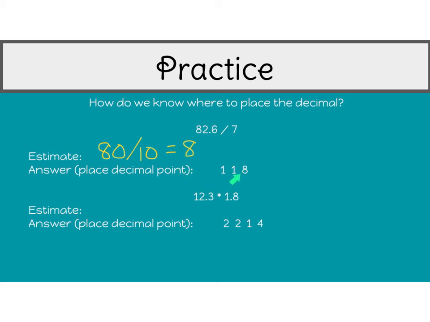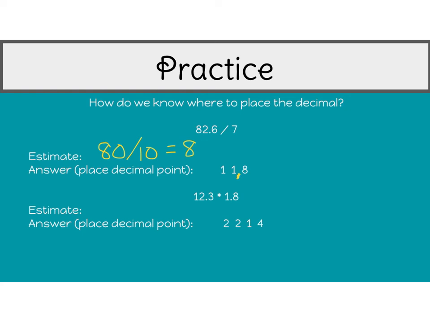So am I going to put my decimal point here and make that 11 and 8/10? Well, 11 is pretty close to 8. And would I put the decimal point here after 8, then that would mean my number was 118, and that would be way off. So I believe the logical place to put my decimal would be right here.